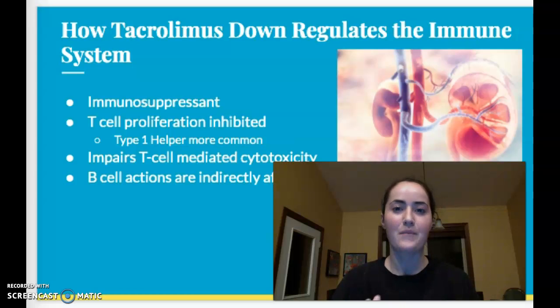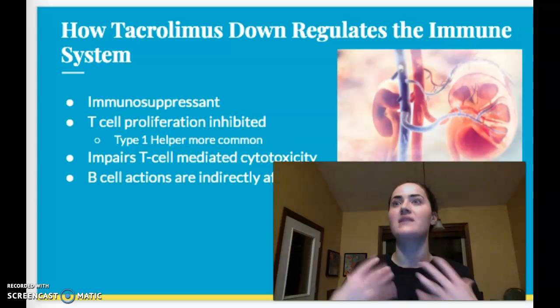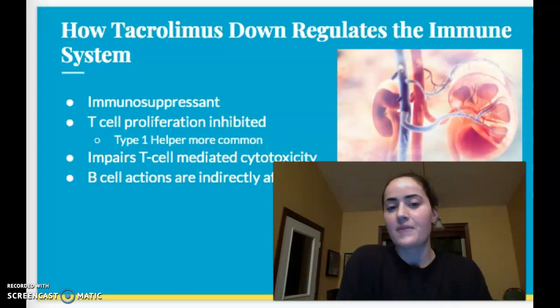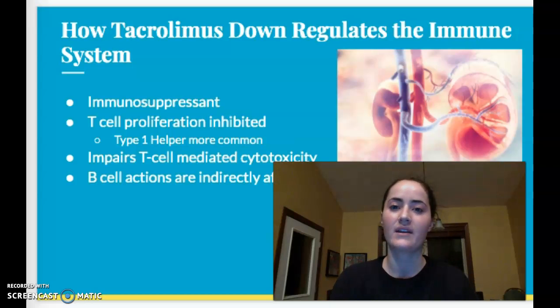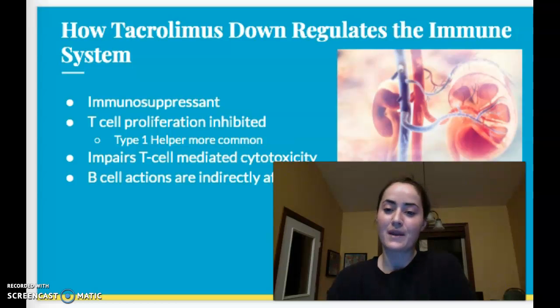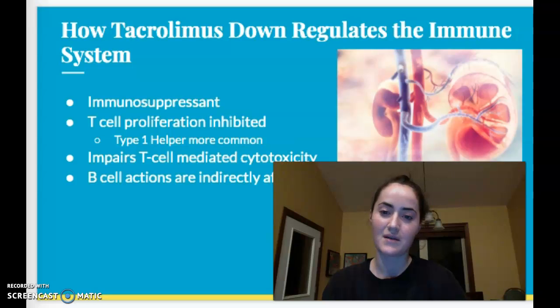You want it to be recognized as the body's own host cells. That's something that's really regulated and observed, especially following organ transplant, hence why we look at these different medications to suppress the immune system to prevent overall rejection.